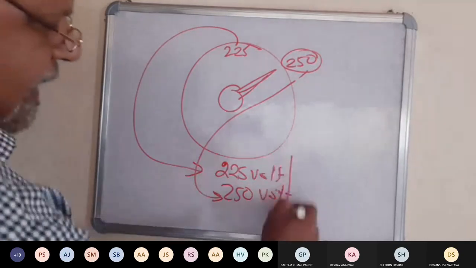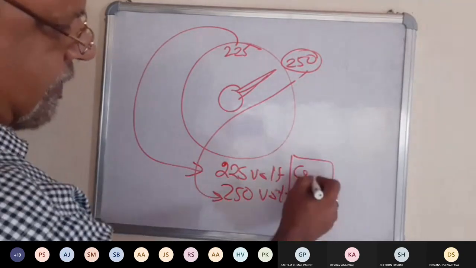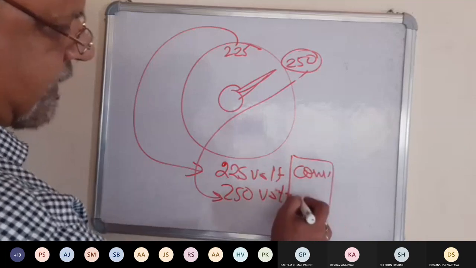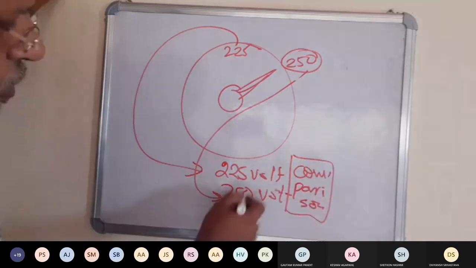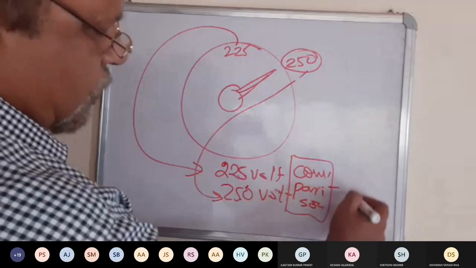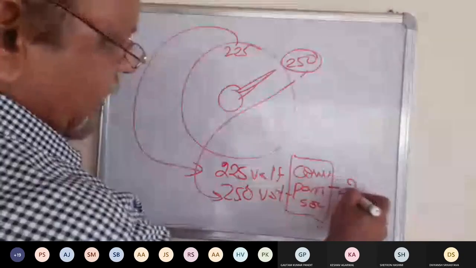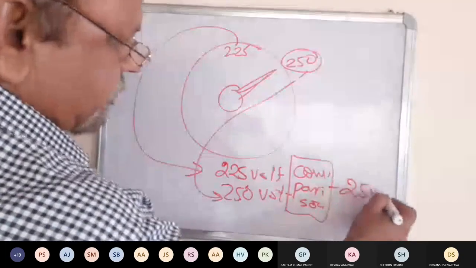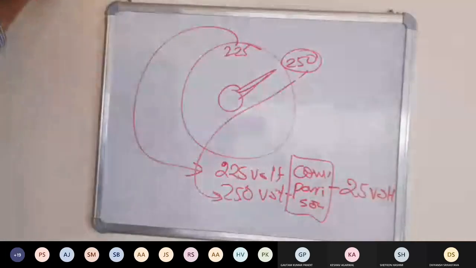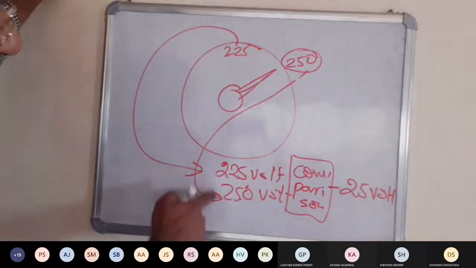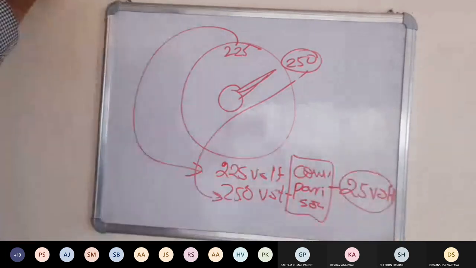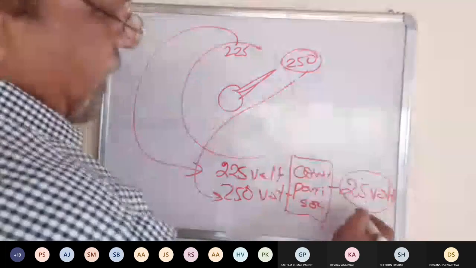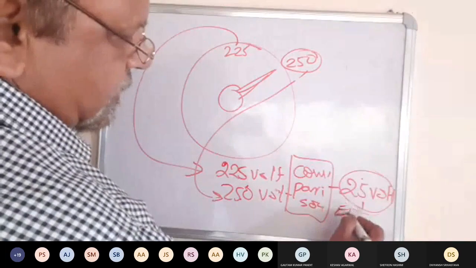Autopilot system में एक comparison के लिए एक सर्किट होती है. इन दोनों को जब कंपेयर करते हैं तो डिफरेंस आता है 25 वोल्ट का. So this is 25 volt. This 25 volt is called error voltage.